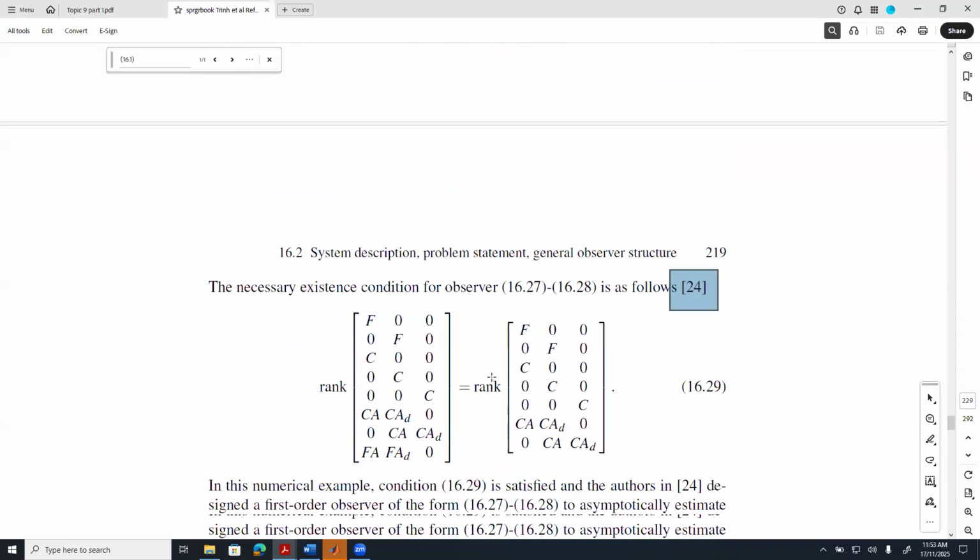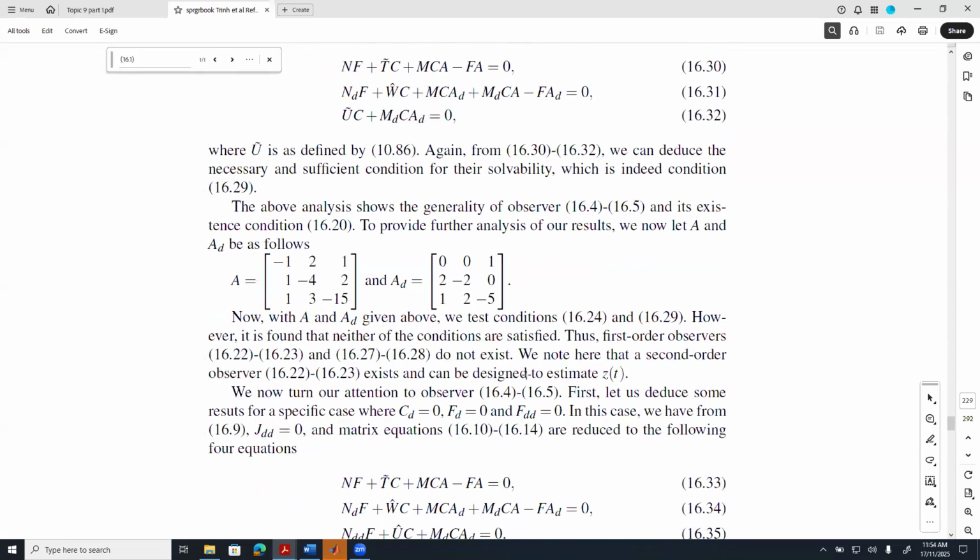We find that neither of the conditions is satisfied. So what that means is that a first order observer according to reference 2 or reference 24 does not exist.